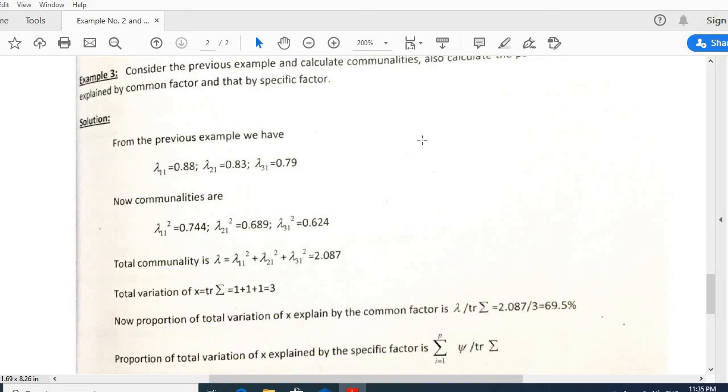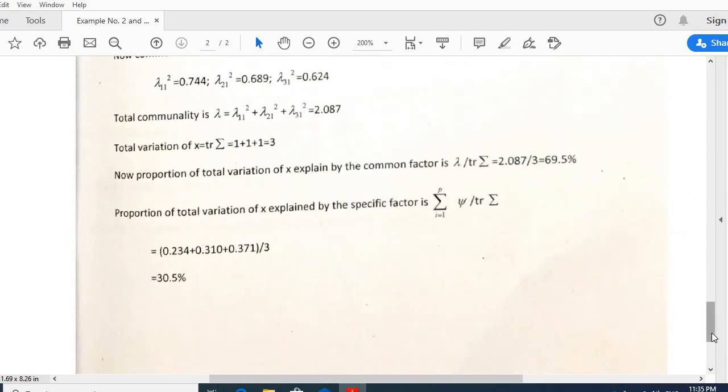The proportion of total variation of x explained by the specific factors is the sum of psi i, i varying from 1 to p, divided by trace of sigma.